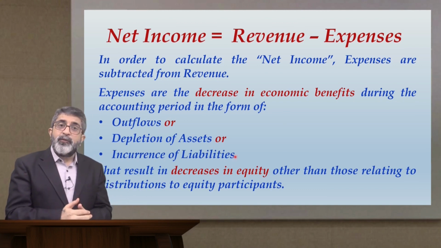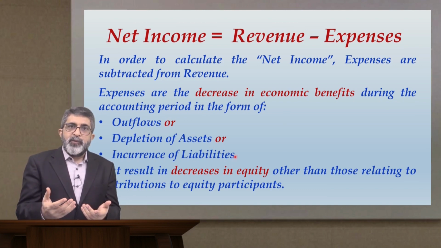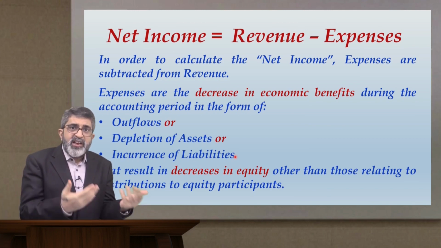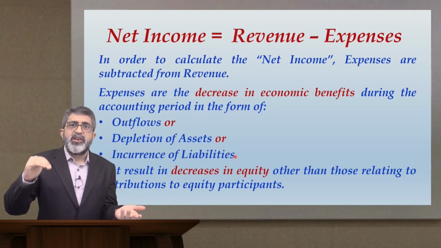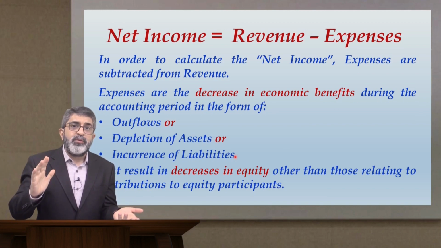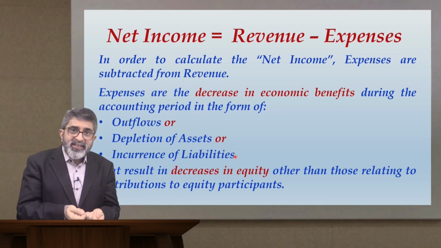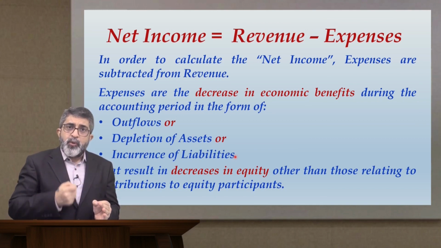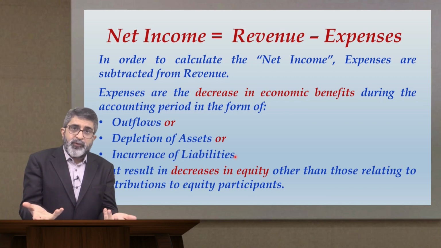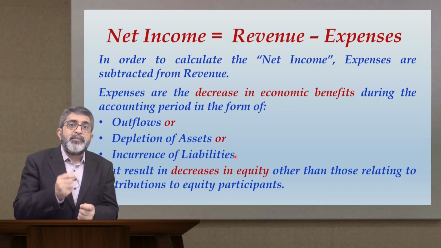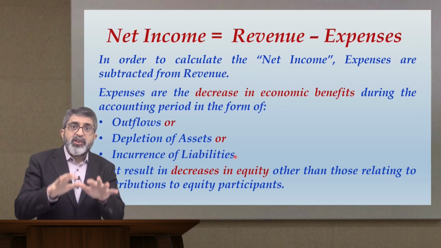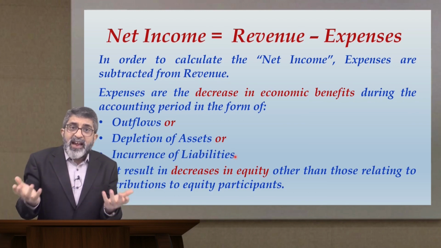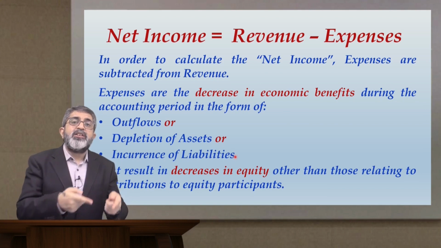Or incurrence of liability. For example, I have incurred an expenditure where there is neither any outflow nor any reduction in my asset value. I have made a purchase on credit. The moment I make a purchase, it is an expenditure for me, but that purchase is made on credit. So there is no reduction in my cash, there is no decrease in any other asset value, but I have incurred a liability.